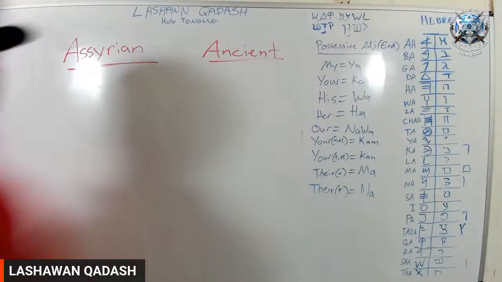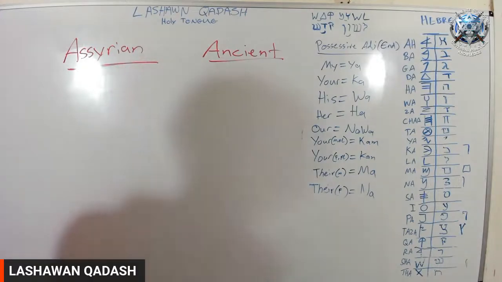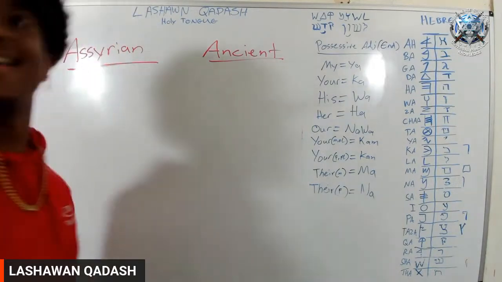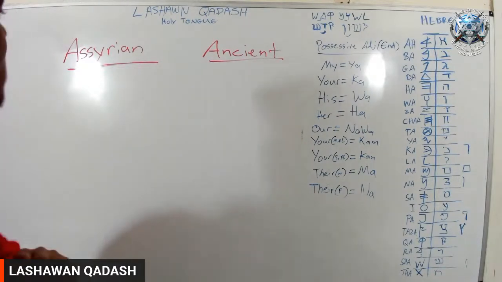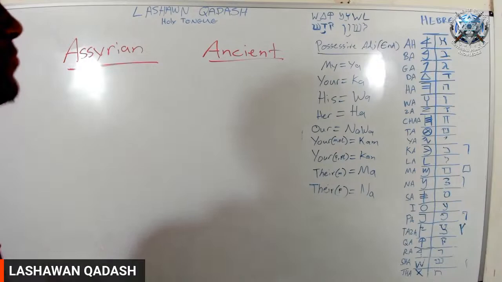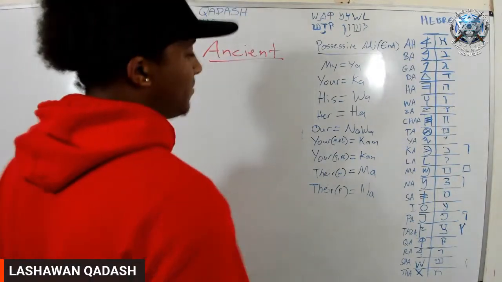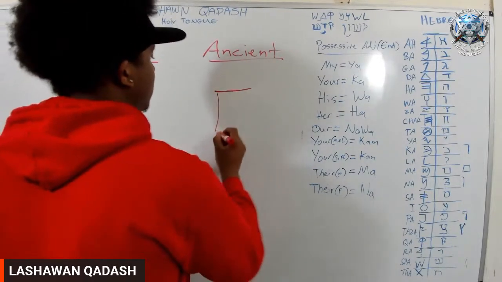All right. Your first letter is Ma, Assyrian and the ancient. Well, that's the idea. The more that you see it, the more that you'll remember it. So go ahead and write them both down. Practice the way that you're writing them too. You want the handwriting to be decent as well.